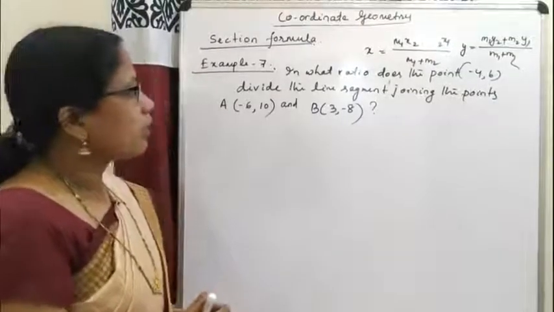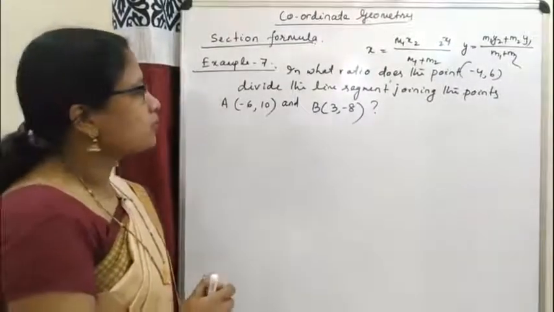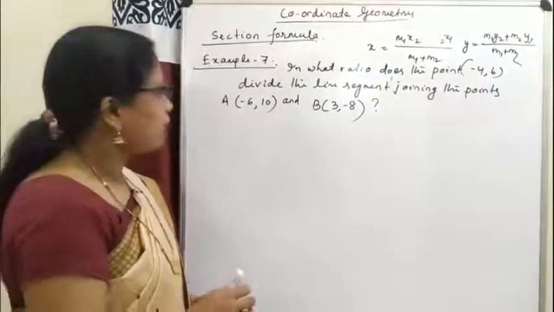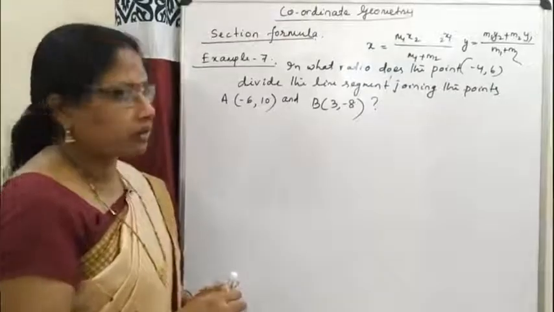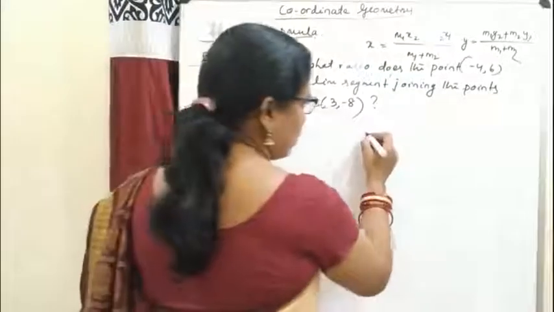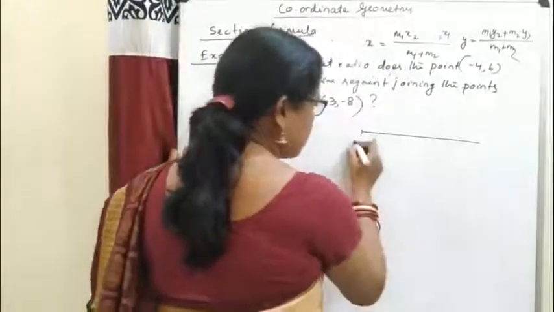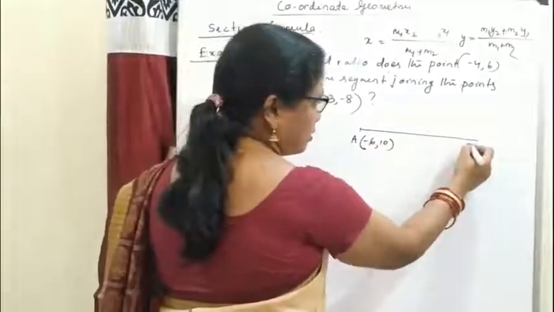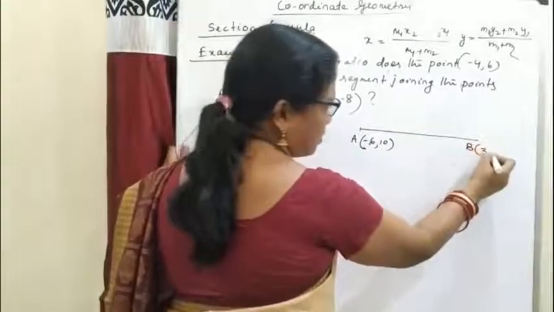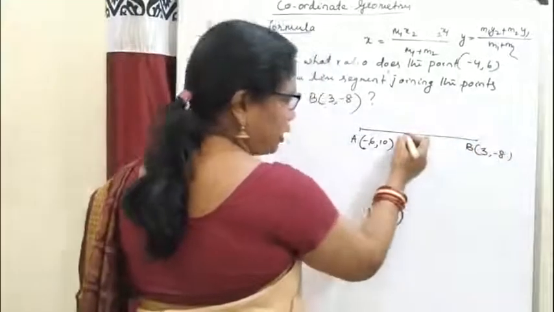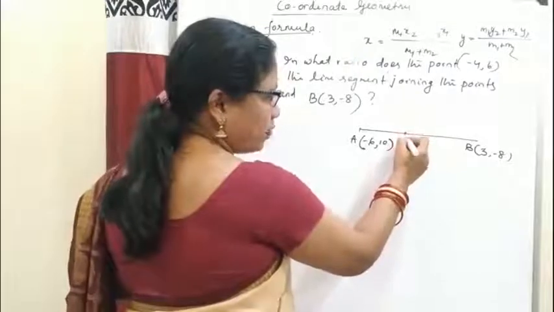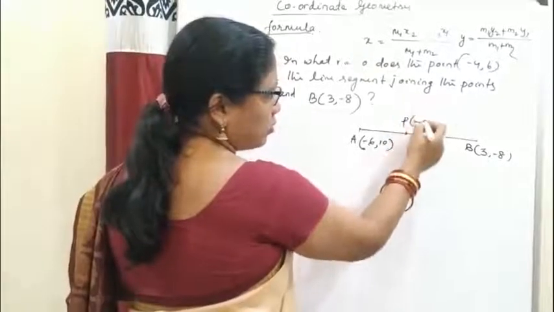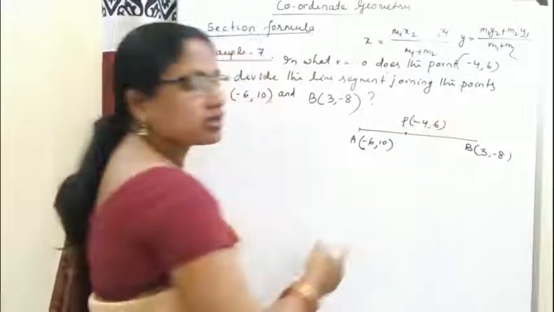Next example: in what ratio does the point (-4, 6) divide the line segment joining the points A(-6, 10) and B(3, -8)? So here is the line segment. This is point A having coordinates (-6, 10) and this is point B having coordinates (3, -8). Here is a point P having coordinates (-4, 6), as given.